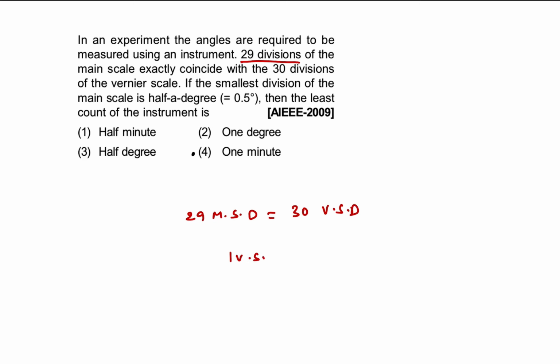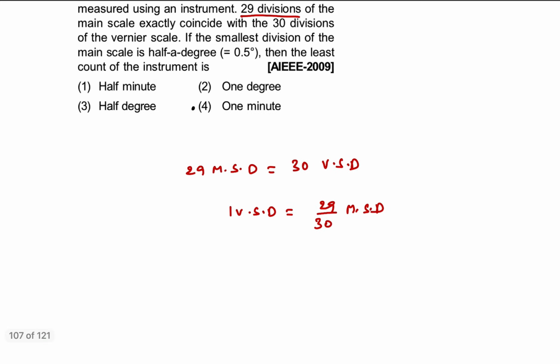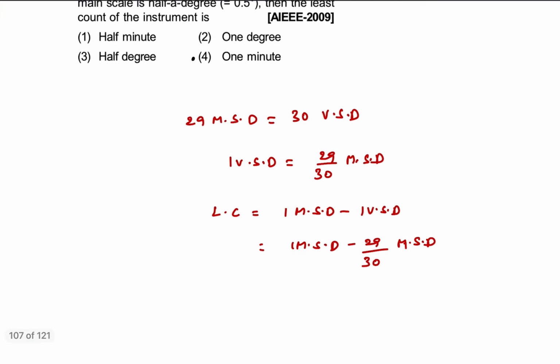Now we can write 1 vernier scale division is equal to 29 by 30 main scale division. They are asking what is the least count. Least count is 1 MSD minus 1 VSD, which is 1 minus 29 by 30 main scale division. Finally, you get the value 1 by 30 main scale division.